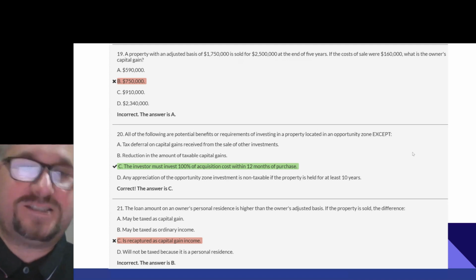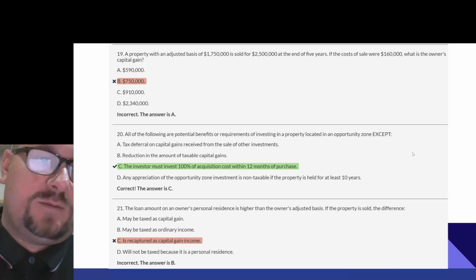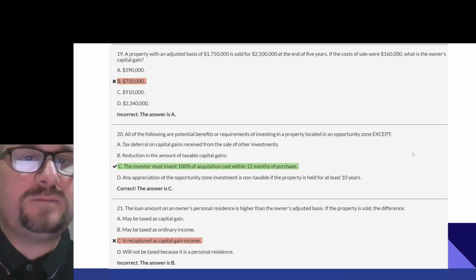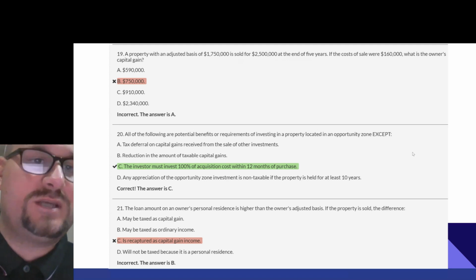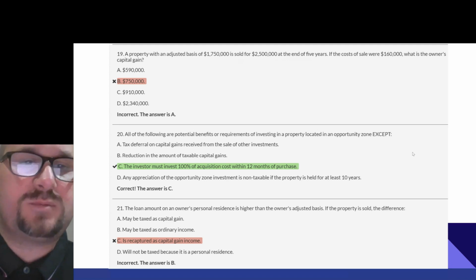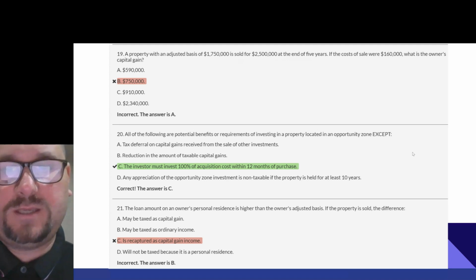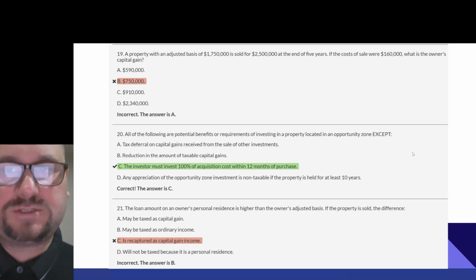They do not have to invest 100% of acquisition costs within 12 months of purchase. How about A, tax deferral on capital gains received from the sale of other investments? Yes. Reduction in the amount of taxable capital gains, yes. Any appreciation of the opportunity zone investment is non-taxable if the property is held for at least 10 years. That's true.